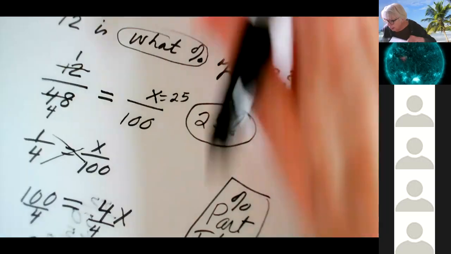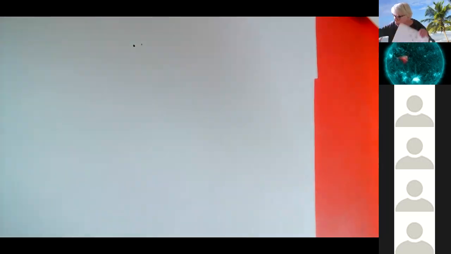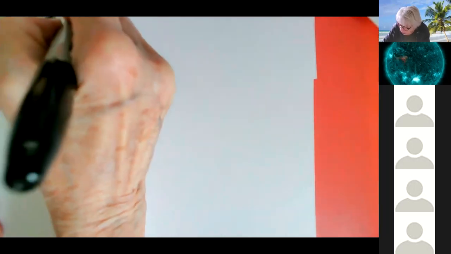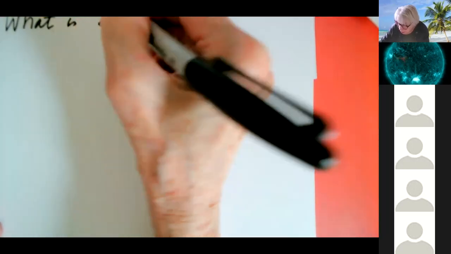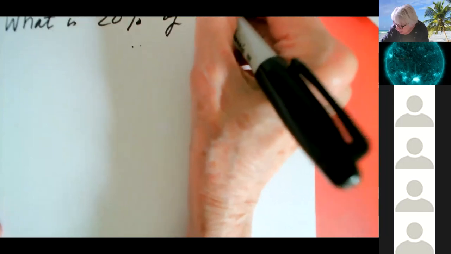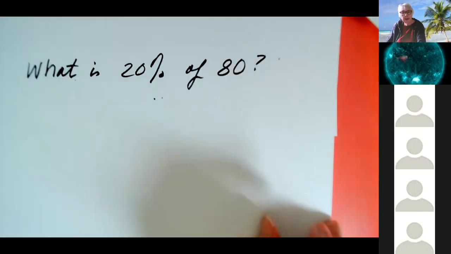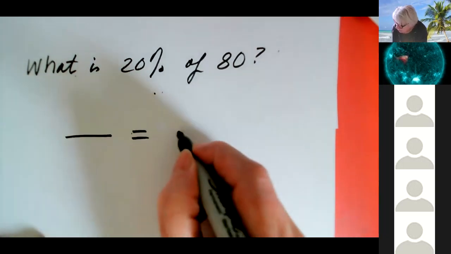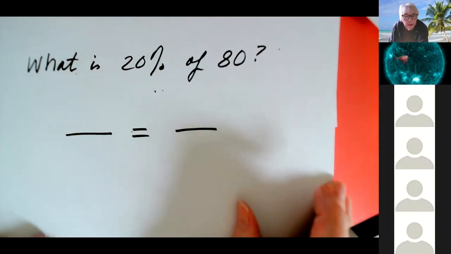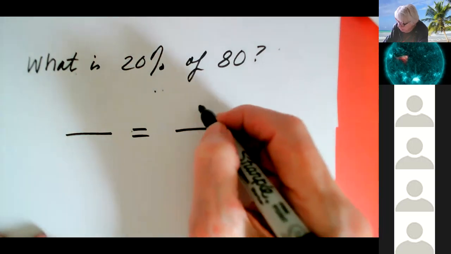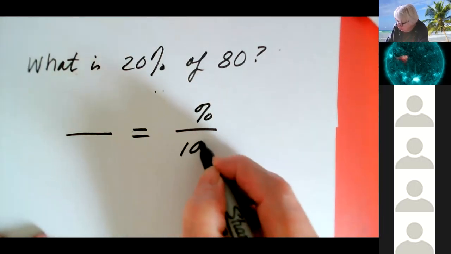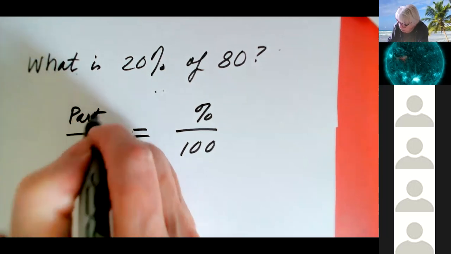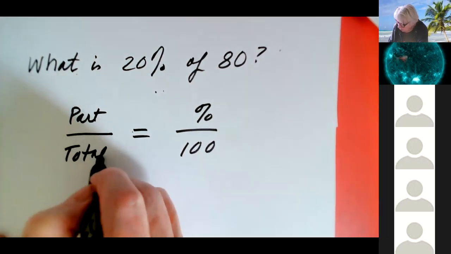Here was another one that I had done. So I want to give you another version of it. What is 20% of 80? So this was one of the problems I did the other way. This is done with a proportion: the percent over 100, the part over the total.